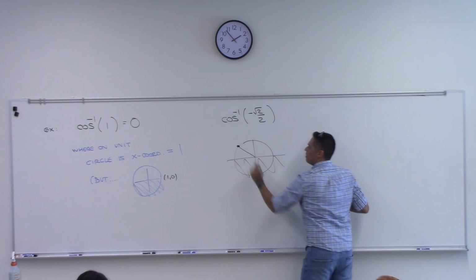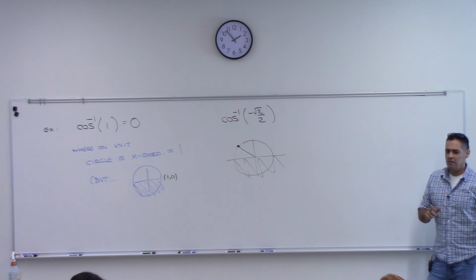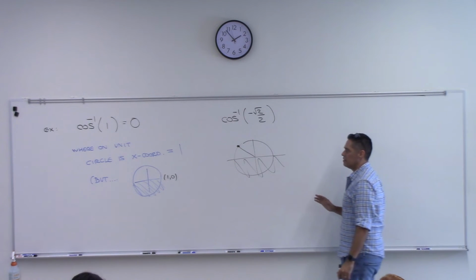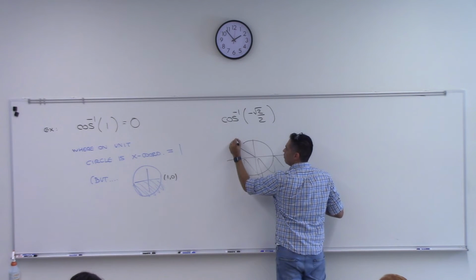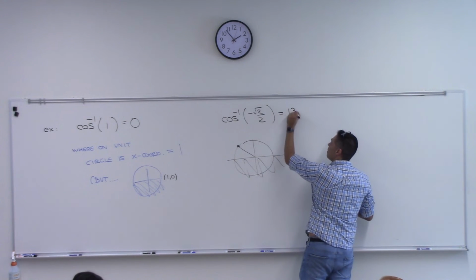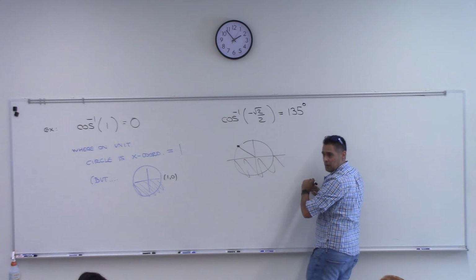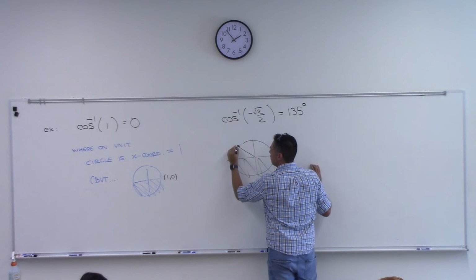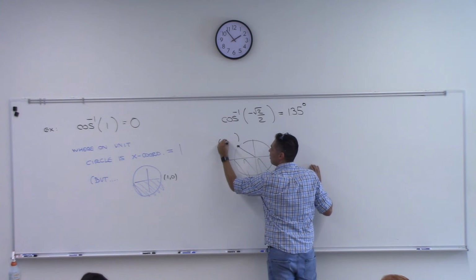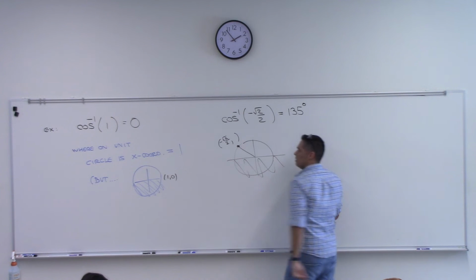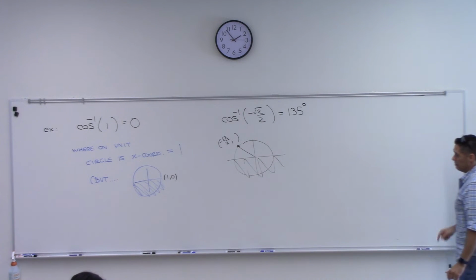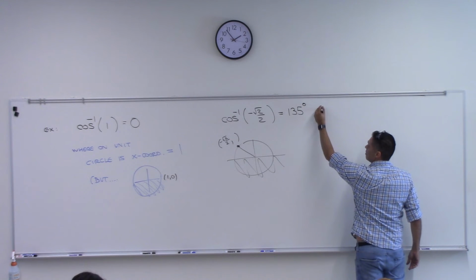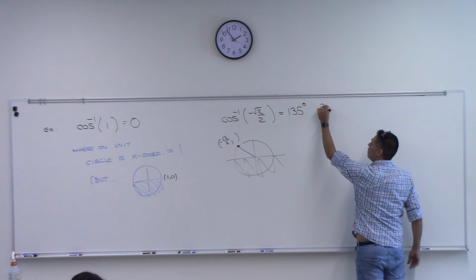Do you know the angle? In degrees or radians? I don't care. Anything's better than nothing. 135. Okay, so this would be 135 degrees. Make sure you put the degree symbol there. That is correct because that's where your x-coordinate is negative root 2 over 2. Now, in radians, what is it? 3 pi over 4.